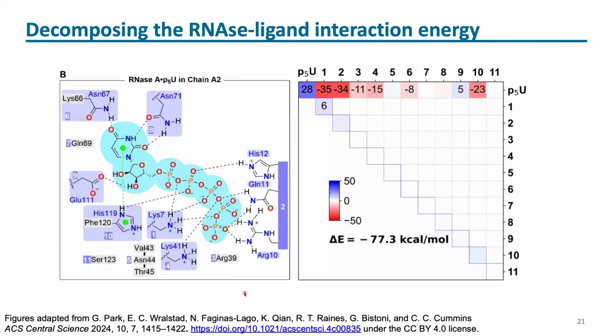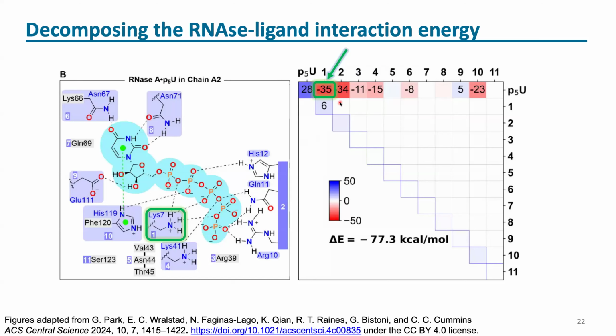The power of LED is precisely that it allows us to disentangle these individual contributions from the residues in the protein. So we analyzed these interactions between the inhibitor and the residues for different inhibitors with different phosphate chain length, and we indeed found that some interactions are especially important for rationalizing the binding energy trend with the phosphate chain length.